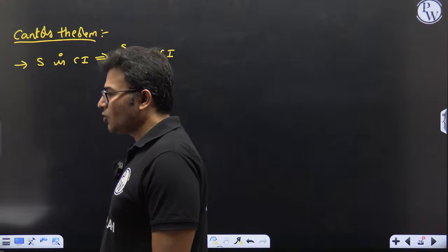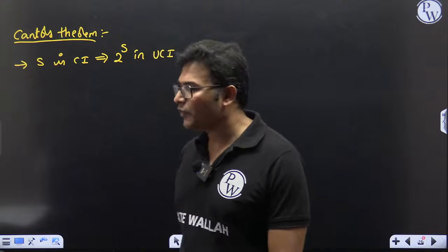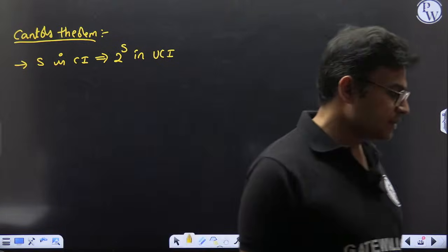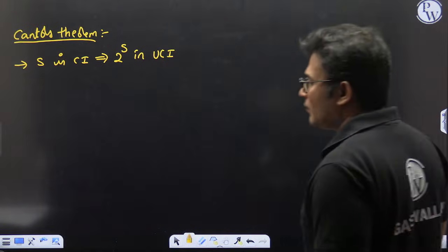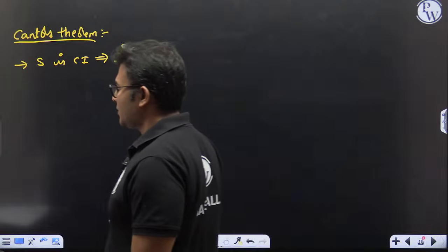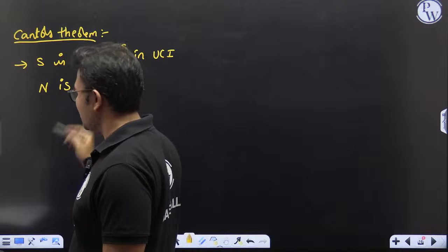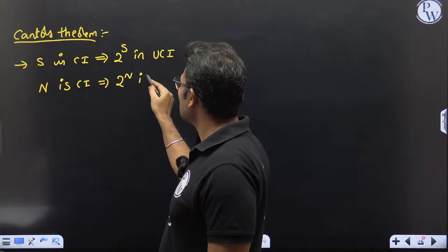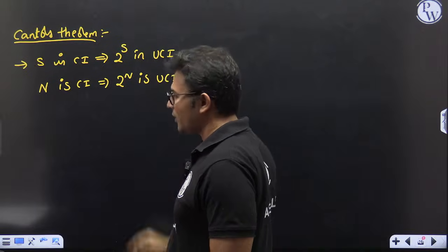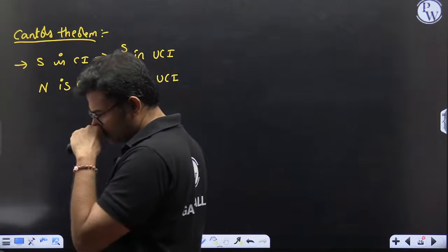If any set is countably infinite, then its power set is uncountably infinite. We know that the natural numbers are countably infinite. Therefore, 2 power natural numbers is uncountably infinite.